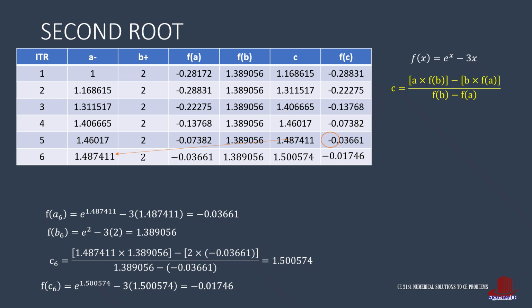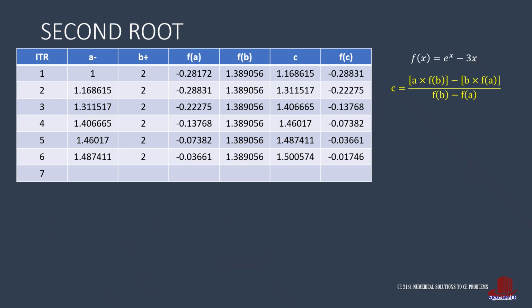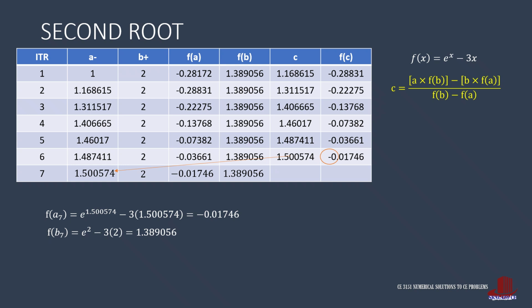We are now on the seventh iteration, and let's see if we can have this as the last. FC is still negative, so the new A is 1.500574. B is retained as 2, so FA is negative 0.01746, and FB is 1.389056.